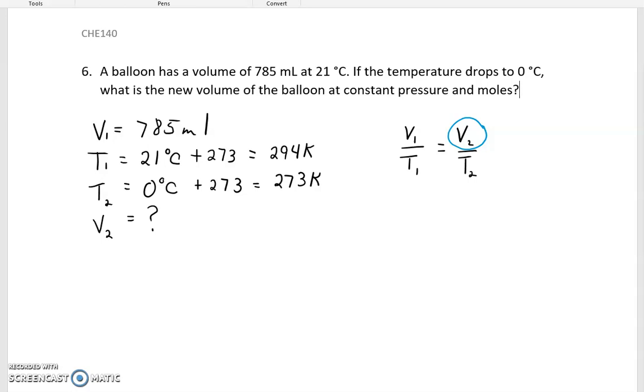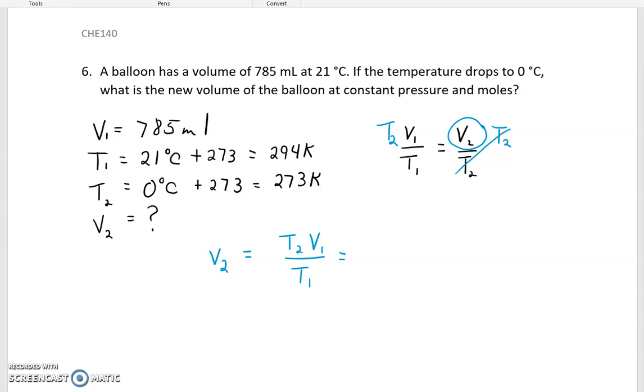The easiest way to get rid of the T2 is to multiply both sides by T2. If you do that, these two will cancel out, and we're left with V2 alone on that side. So we can rewrite it better down here. We'll write V2 is equal to T2 V1 divided by T1.